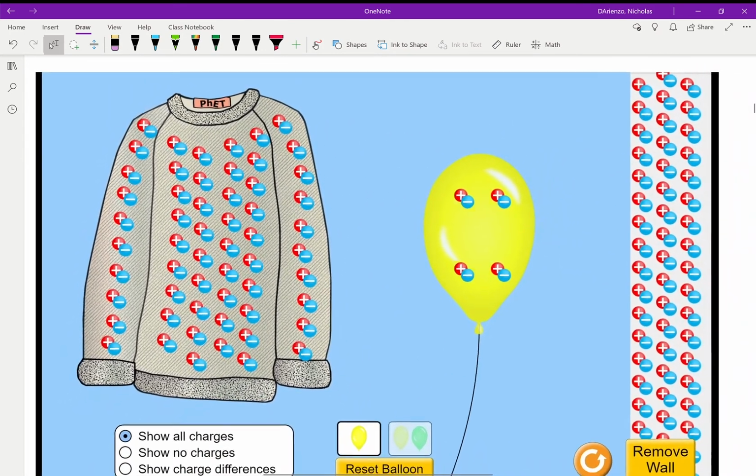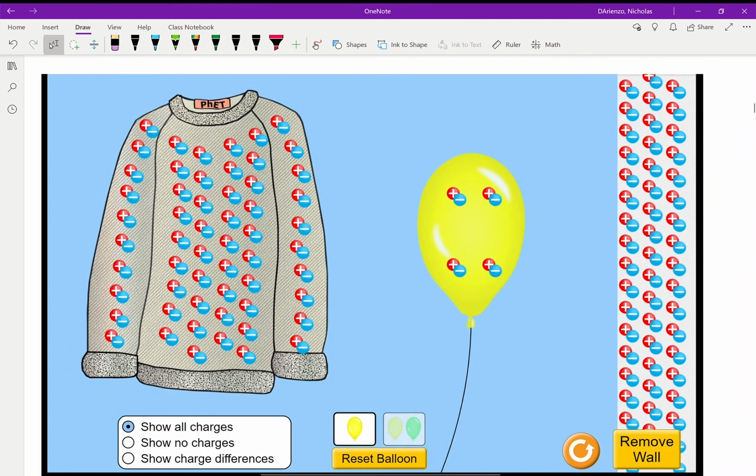Consider a sweater here that has elementary particles in and of itself. The sweater is made of matter, atoms, which contain protons and electrons. And at some point here, the sweater might be considered neutral with a balance of protons and electrons.